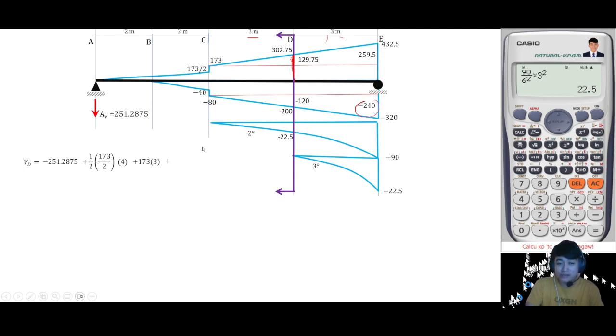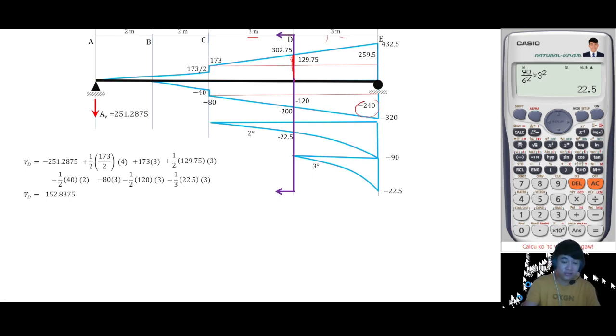Triangular load, 1/2 of 129.75 times 3, negative area. Rectangular load is negative area: 80 times 3. Triangular, the height is 120: 1/2 of 120 times 3. And then this spandrel, second degree, the area is 1/3. The shear is 152.8.